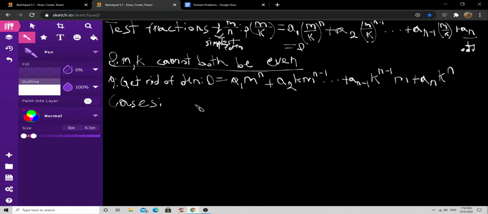I'm just making sure that I'm doing this right. So those are coefficients.